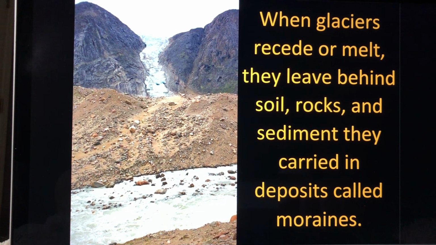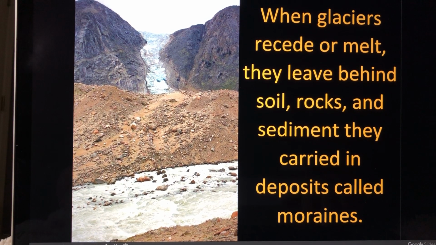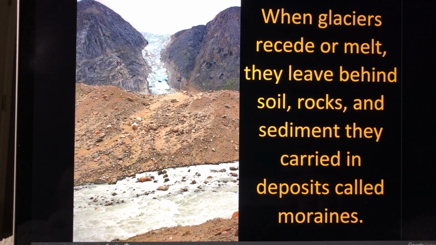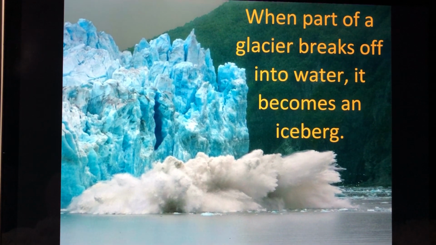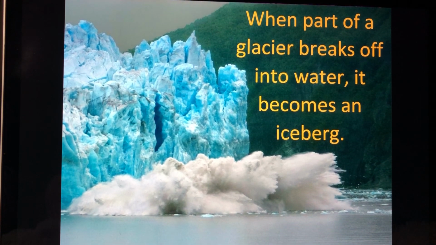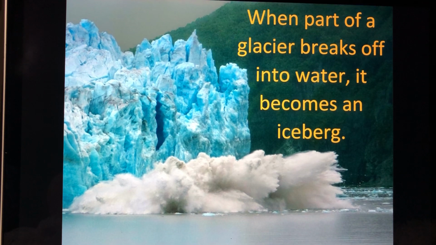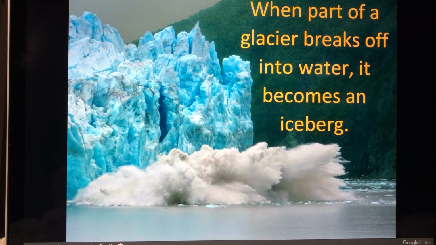When glaciers recede or melt, they leave behind soil, rocks, and sediment they carried in deposits called moraines. We learned about that. When part of a glacier breaks off into the water, it becomes an iceberg. So there you have a scientific definition of an iceberg.